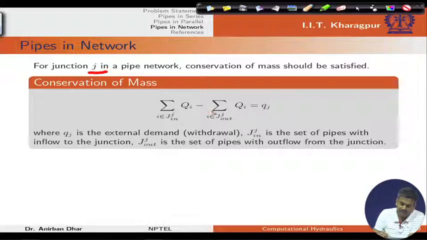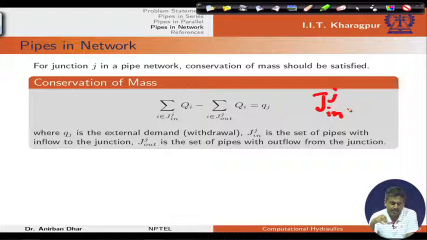In this case, J in is the set of all pipes connecting this junction J, and these pipes are contributing or adding water to this junction, and J out is the set of pipes with outflow from the junction.